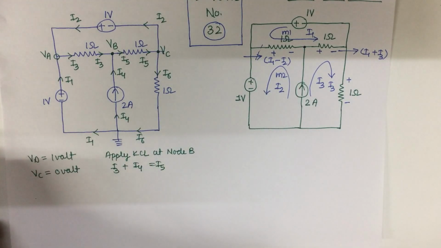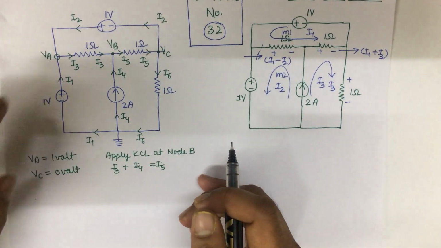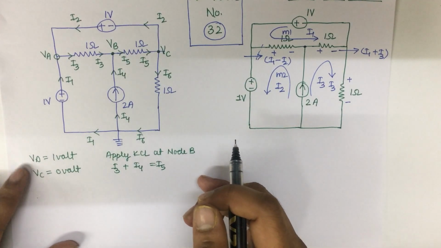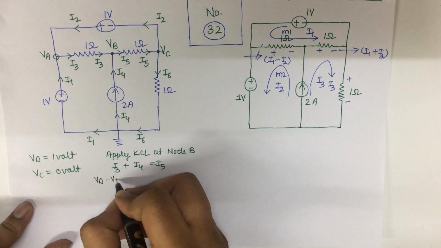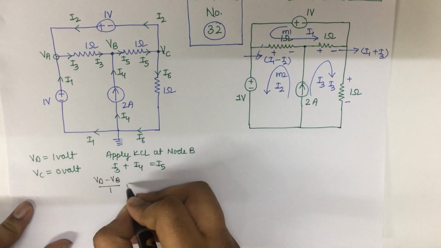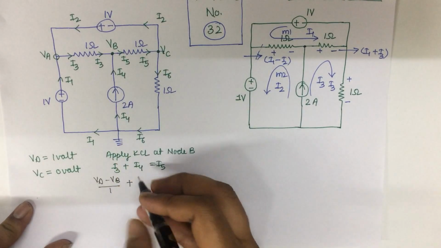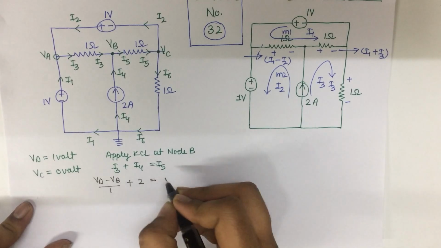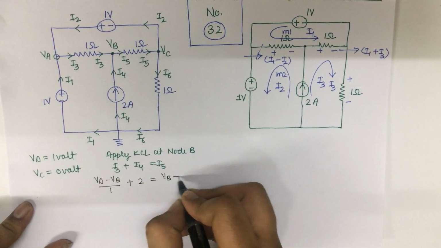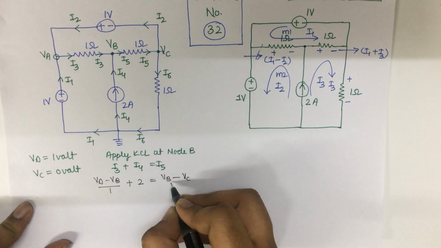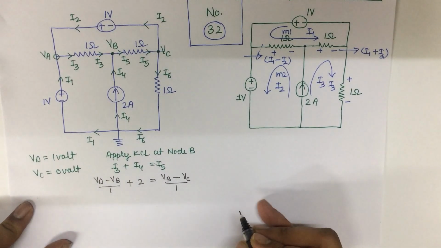So what is I3? I3 is (VA minus VB) upon 1, plus I4, I4 is 2, and what is I5? I5 is (VB minus VC) upon 1.